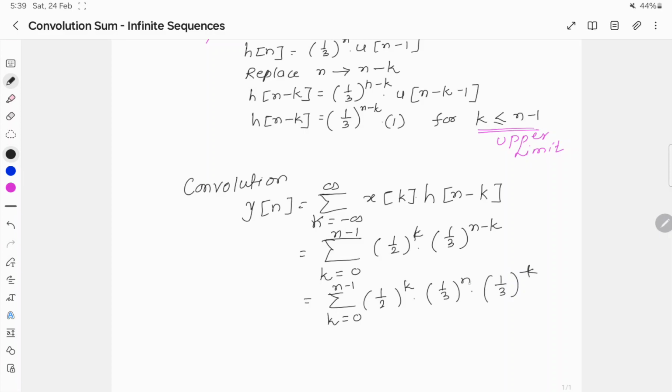So 1 by 3 raised to n can be taken out of summation because this summation is with respect to k. So it becomes now 1 by 3 raised to n, summation k equal to 0 to n minus 1, 1 by 2 raised to k into 1 by 3 raised to minus k.